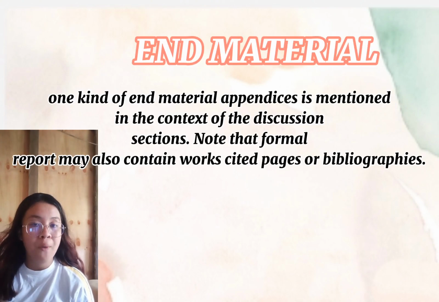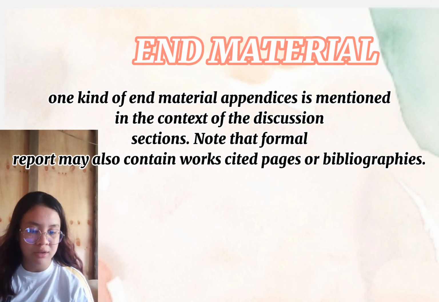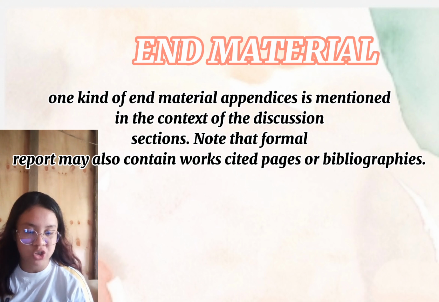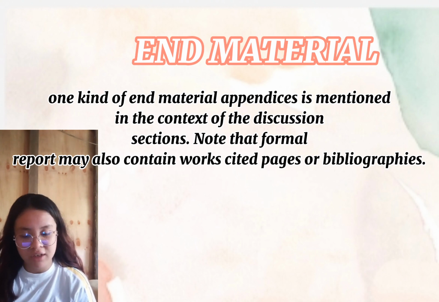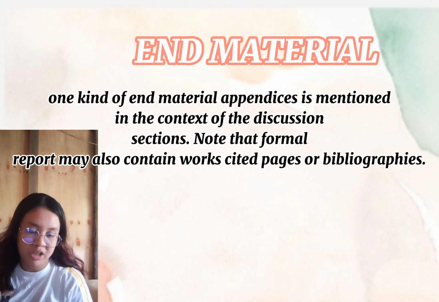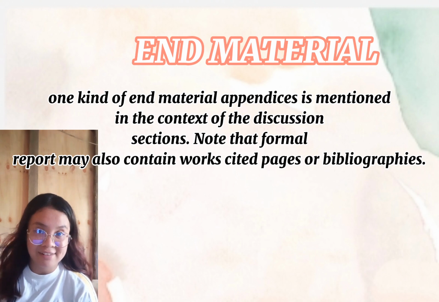One kind of end material is the appendices mentioned in the context of the discussion section. Note that the formal report may also contain works cited pages or bibliographies, which should be included in the end material. Finally, a very long report may include indices.